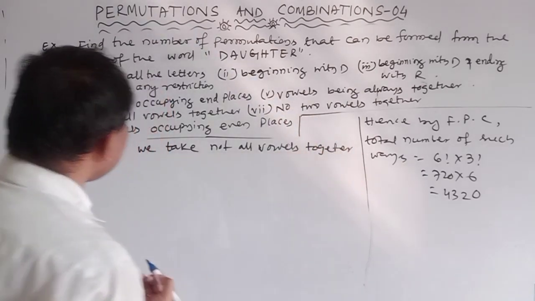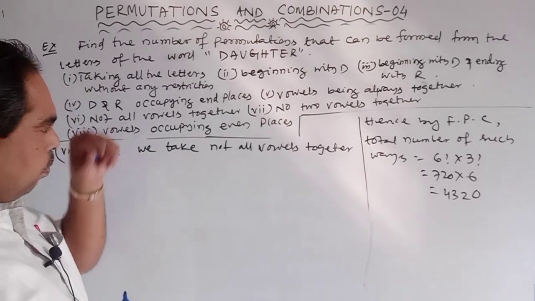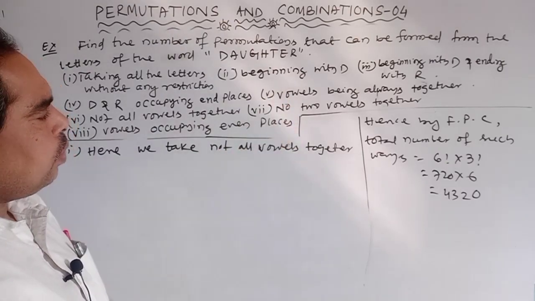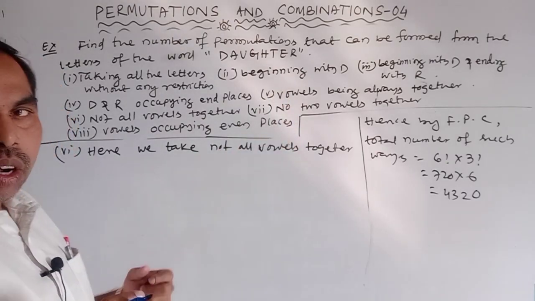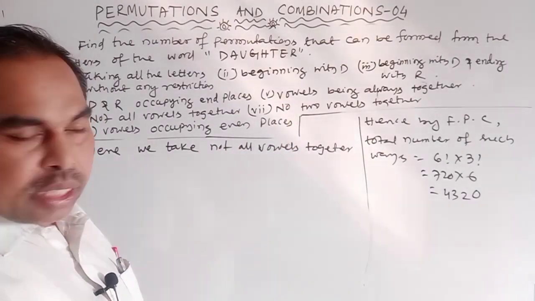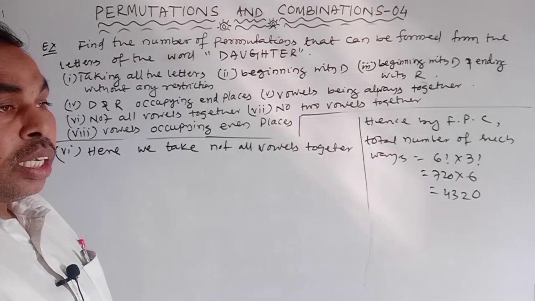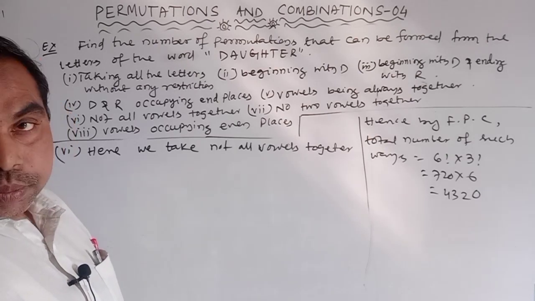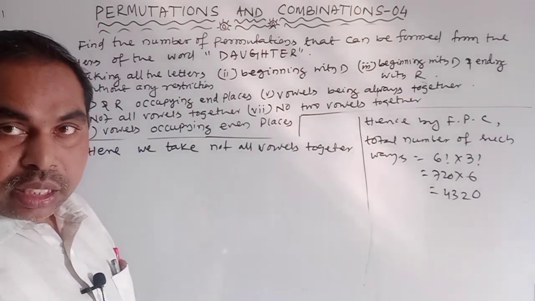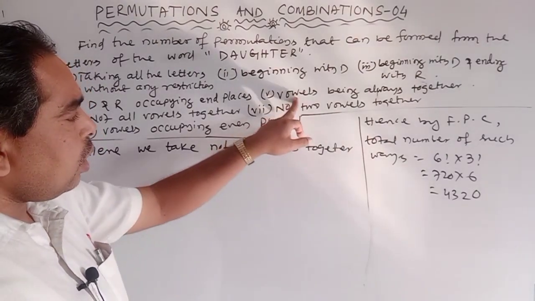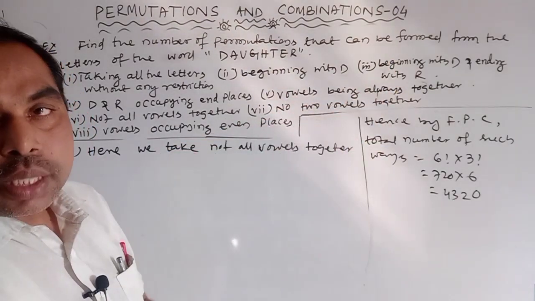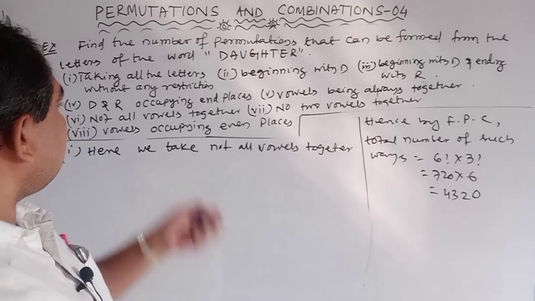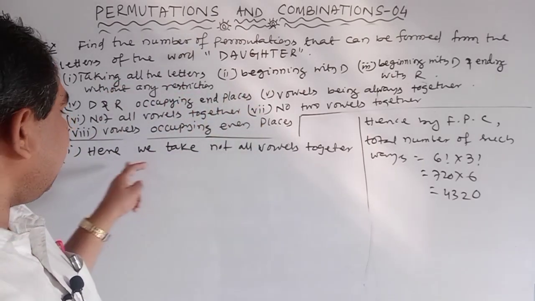This is very simple: question number 1 minus question number 5. That means first taking all the letters of the word daughter without any restriction, minus all vowels always together. So question number 1 minus question number 5 gives us question number 6.